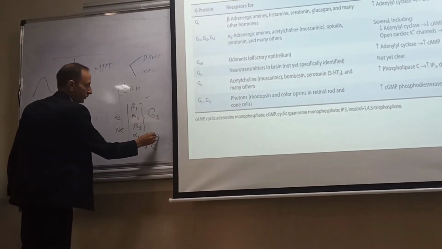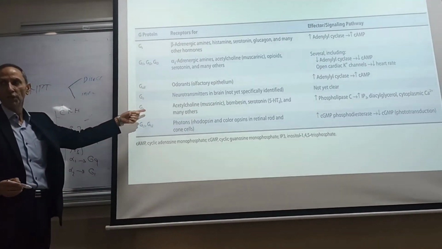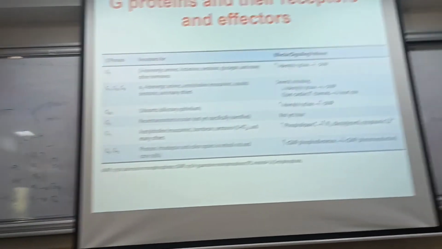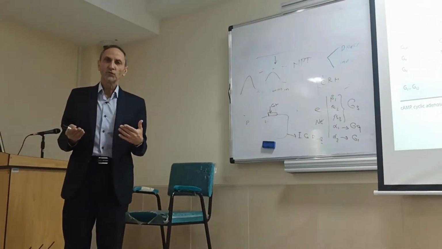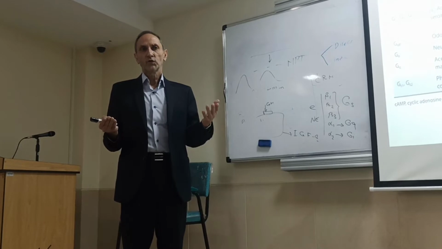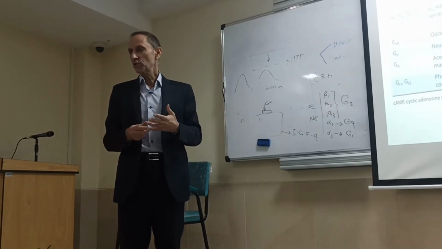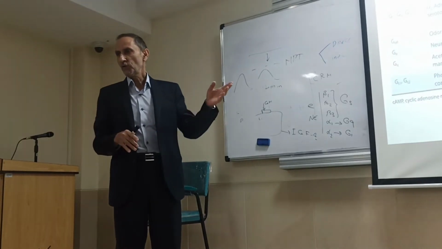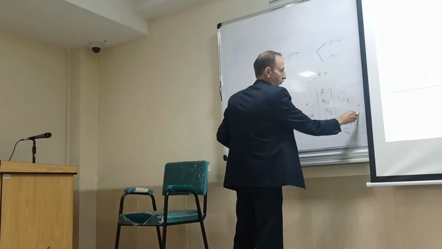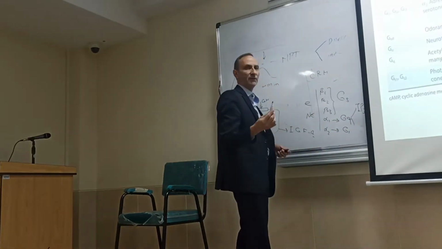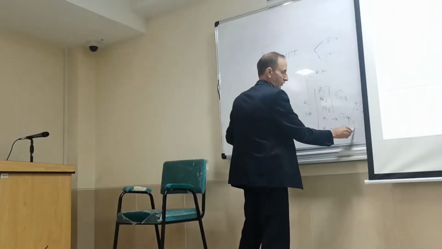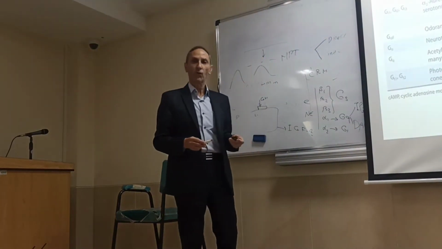Sometimes we have Gq. You can see here, Gq. Then we have activation of an enzyme called phospholipase C. This enzyme can act on phospholipids of the membrane and can produce two important substances: IP3, inositol triphosphate, and DAG, diacylglycerol.